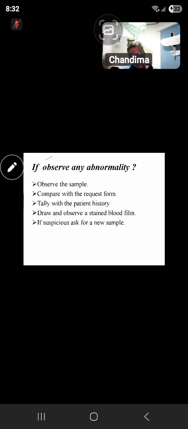Even where the patient has abnormal red cell parameters, draw a blood film and observe it. I must kindly ask this of you. Most of the time we have been losing our duty, our responsibility, by not doing this.